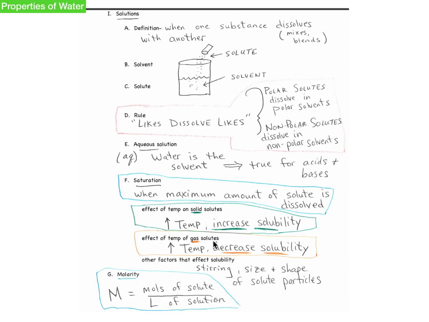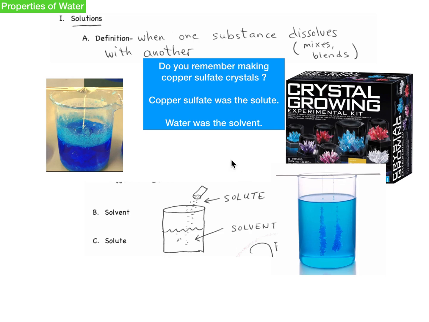In other words, if you have carbon dioxide dissolved into a can of soda and you heat it up, the carbon dioxide gets out of solution. But if you have a beaker of salt water and heat it up, you can dump more salt in. You increase that solubility. Really, think about making crystals.